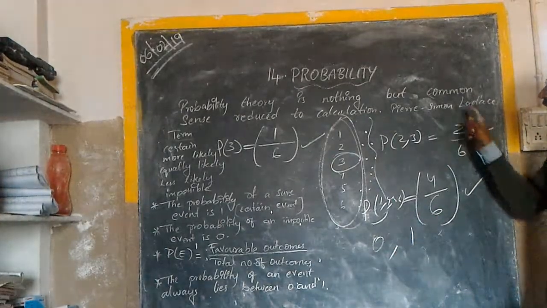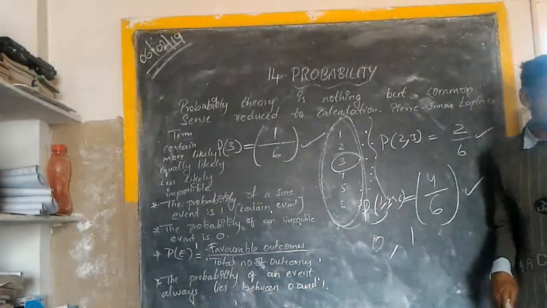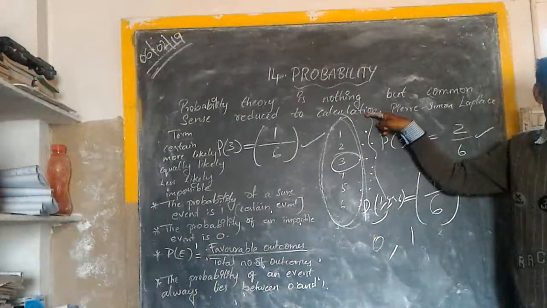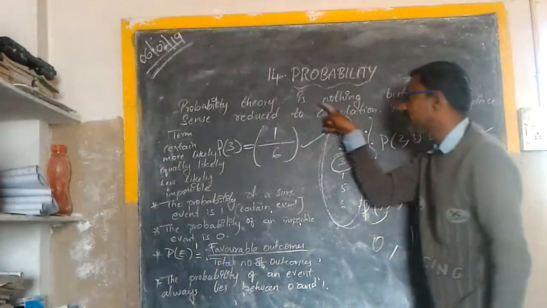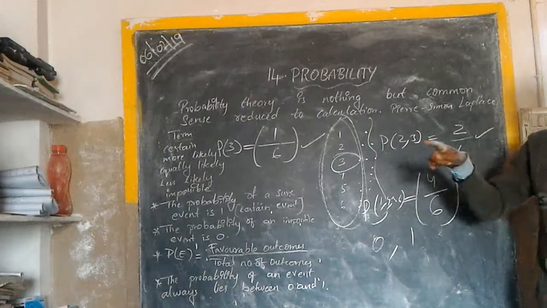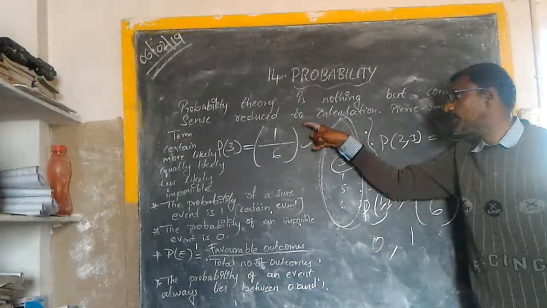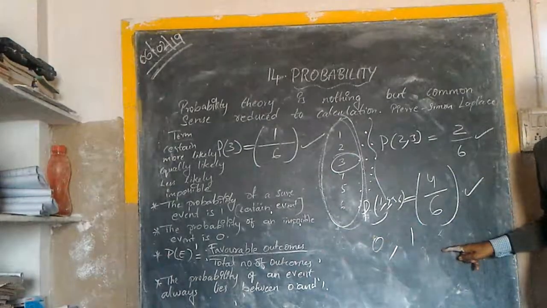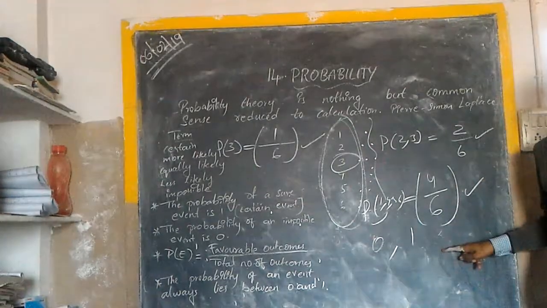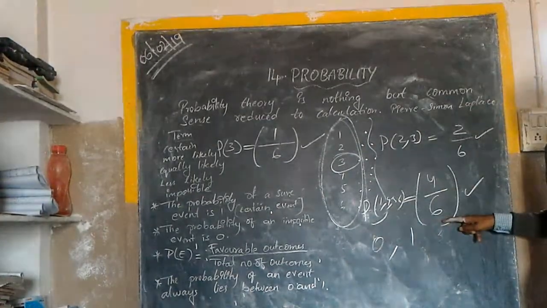That's the reason one statement is given in our textbook on probability: probability theory is nothing but common sense reduced into calculus. This is the common sense. You reduce it into calculation. That's all. But we are doing some calculations.